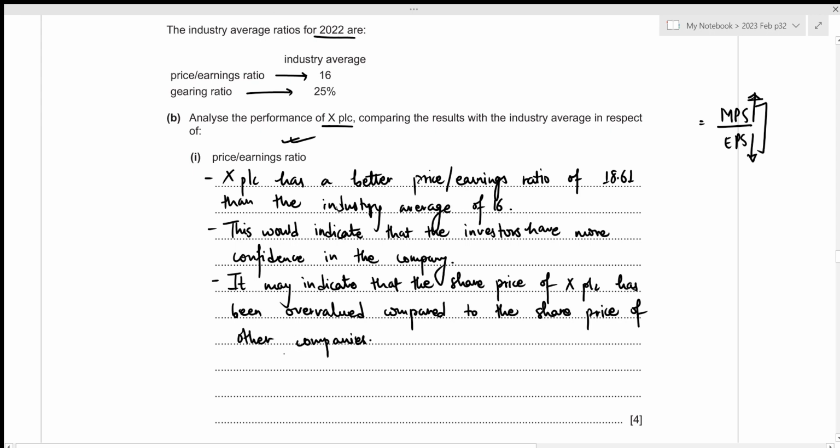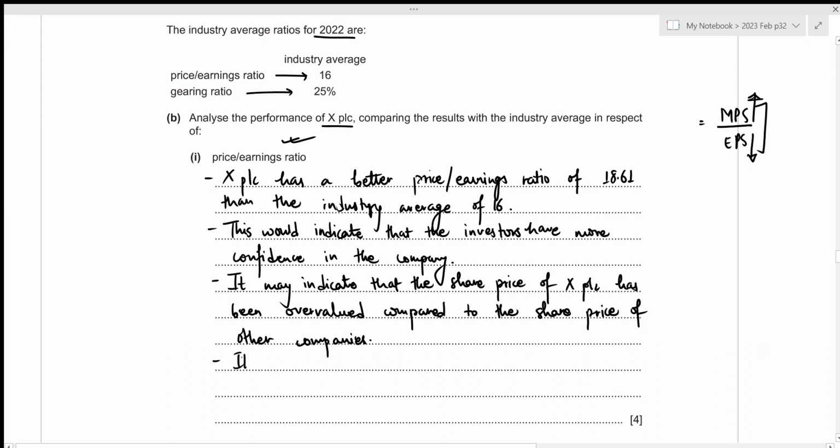Okay, so the question is of 4 marks, which means that we need to write down another point as well. Now, again, we can talk about a higher share price. We can say that it means that the investors are willing to pay a higher share price in the expectation of future earnings growth. Like I said before, they're just expecting a higher return from the company. Let's write it down.